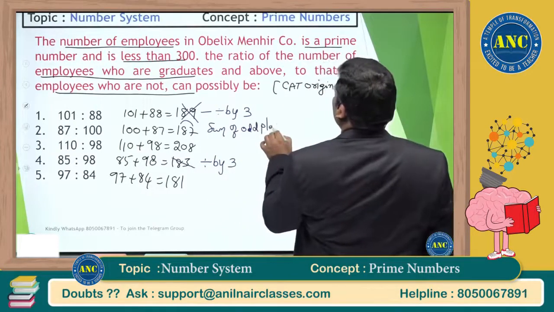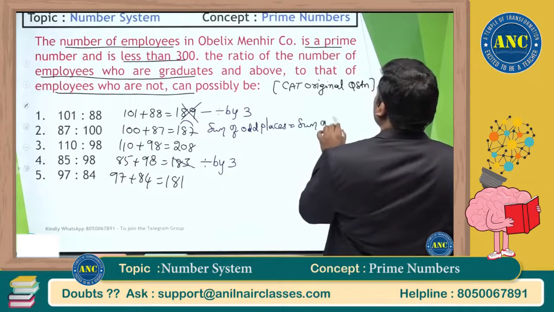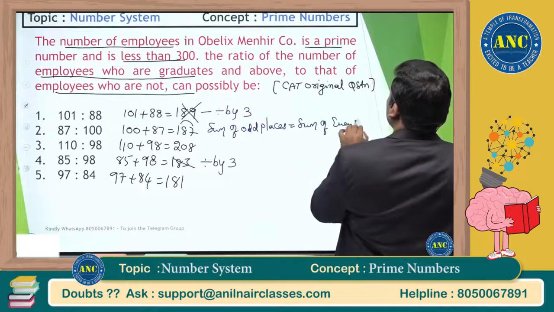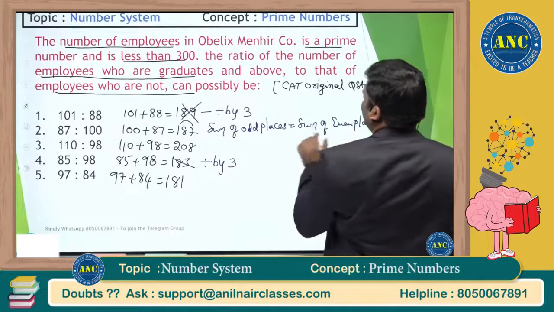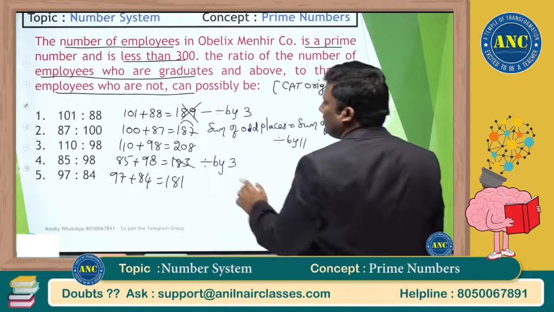Sum of odd places equivalent to sum of even places. It is divisible by 11.